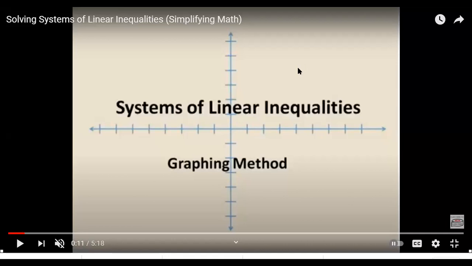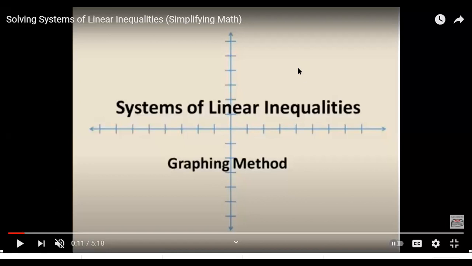And what about a dashed line? There is no equal sign in the solution. What about the points which belong to the dashed line? Are they part of the solution or not? No, they are not part of the solution. Thank you so much.